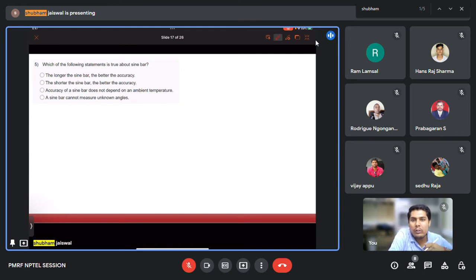Which of the following statements is true about sine bar? The longer the sine bar, the better the accuracy. The shorter the sine bar, the better the accuracy. The accuracy of sine bar does not depend on ambient temperature. A sine bar cannot measure unknown angles. Anyone?